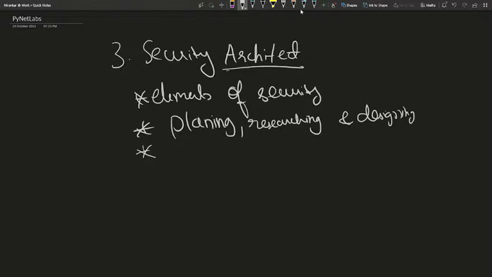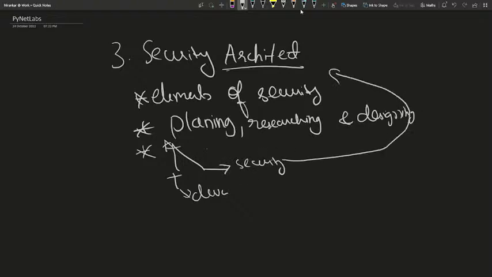So the architect has a team to work with. Here is the architect, here is team A, which is used to develop software. Here is the security team, which will implement it. So the security architect is somehow the boss of it. It's a very crucial role, a very high paying role.